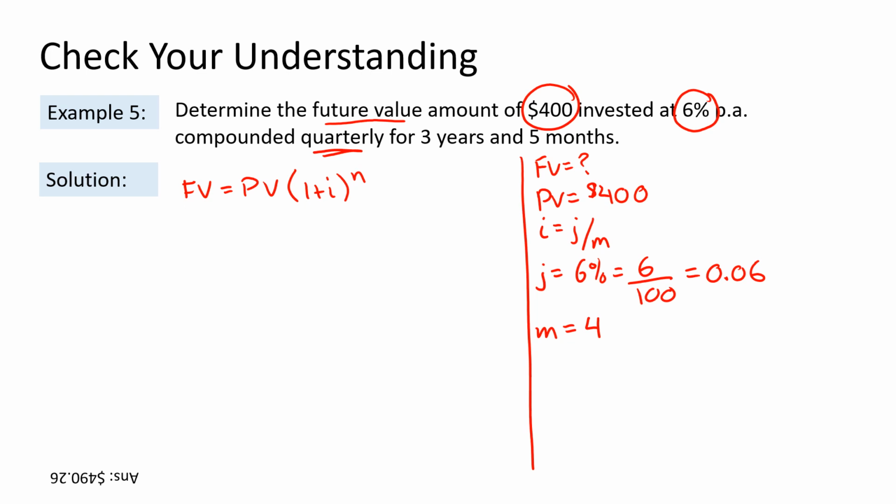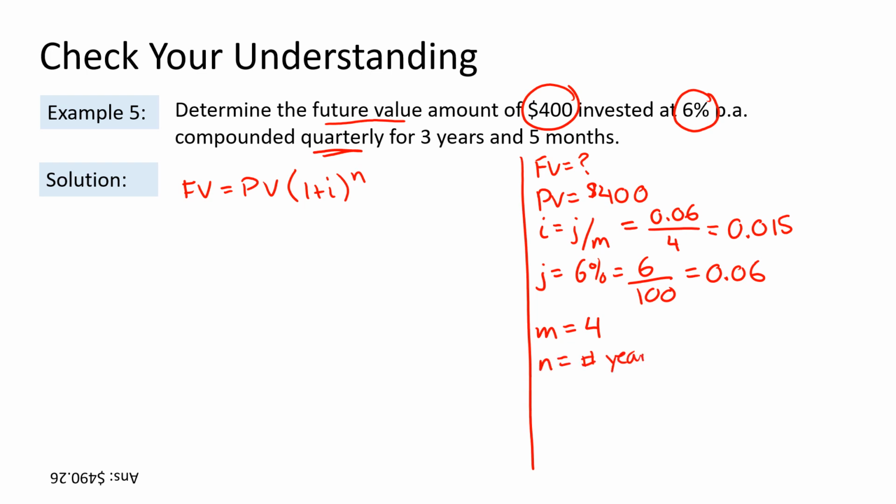With J and M, we can now calculate our periodic rate of interest: J is 0.06 divided by M, which is 4, and that comes out to 0.015.